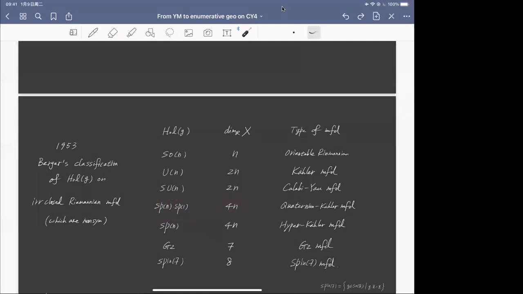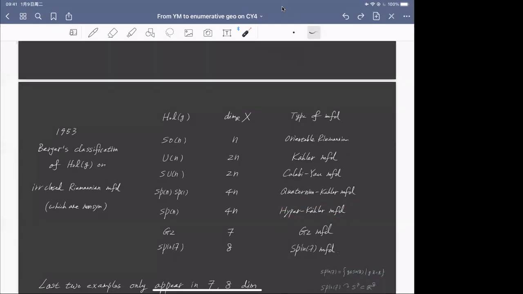This is called quaternionic Kähler manifolds, which is not quite important to our discussion. The next is the symplectic group Sp(n), and the corresponding manifold has real dimension 4n. This corresponds to so-called hyper-Kähler manifolds, which is also not quite relevant to our discussion.